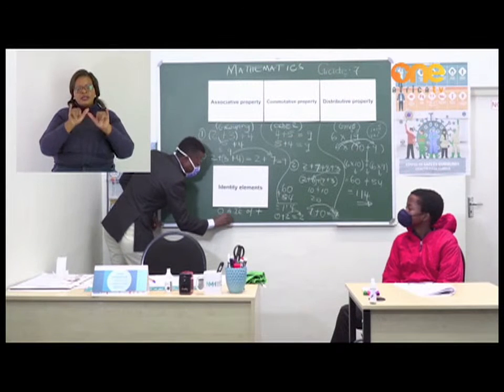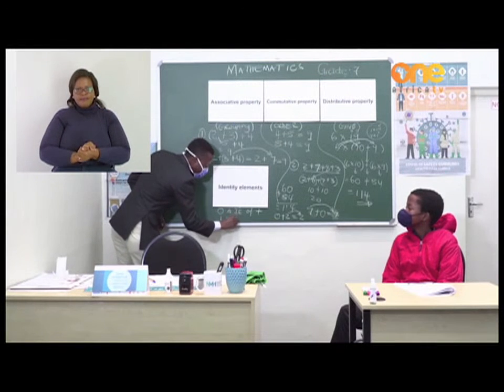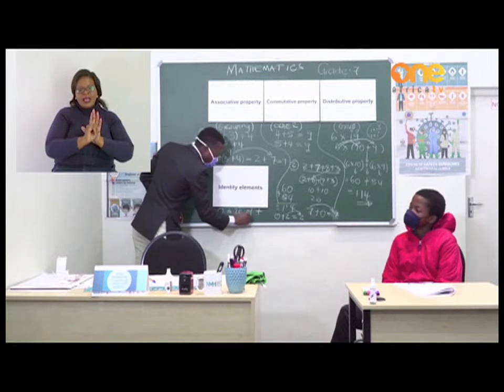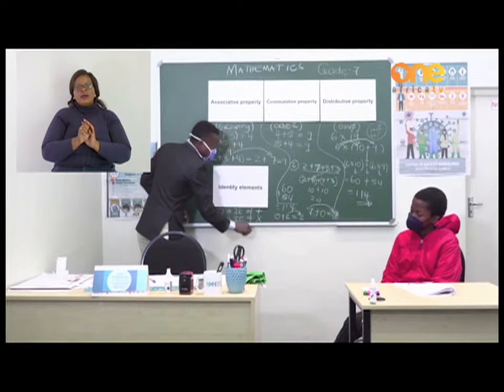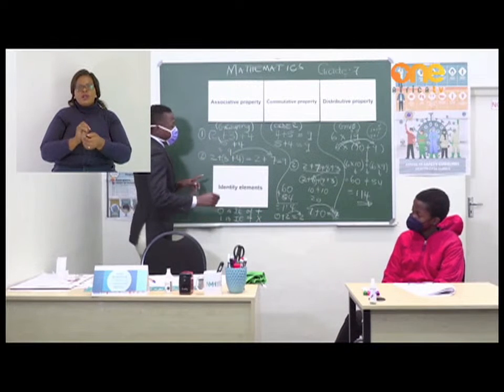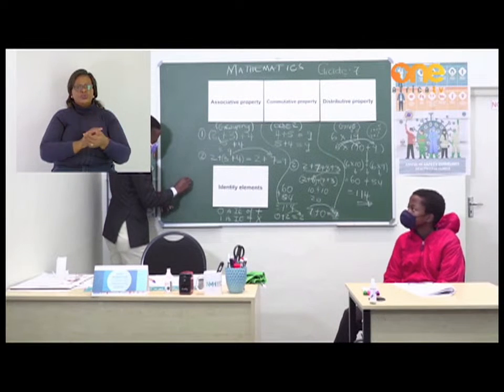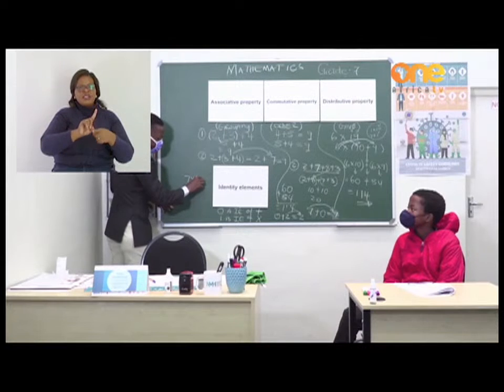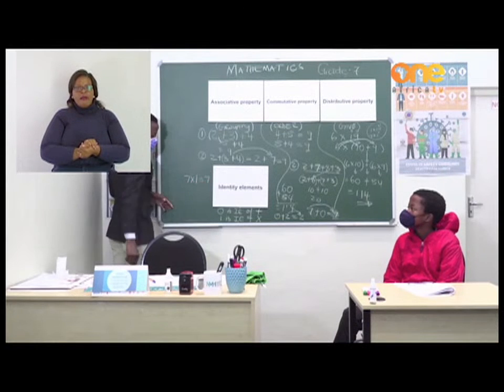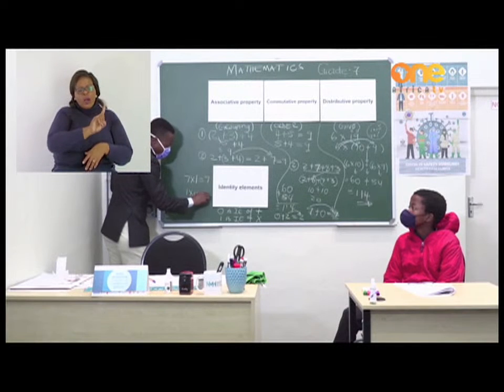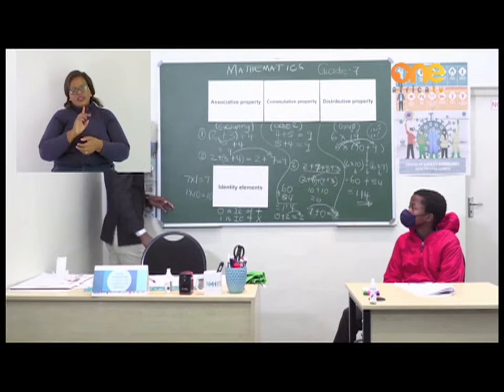1 is an identity element of multiplication. Why? Because, I'll do it here. If you multiply 7 times 1, I get 7. Or 1 times 10, I'll get 10.